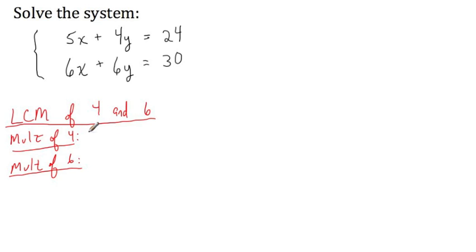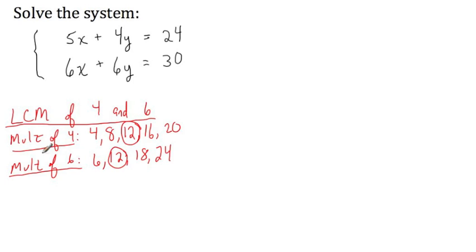So the multiples of 4, you always start with the number itself, and then you multiply it by 2, then you multiply it by 3, etc. So these are multiples of 4. Multiples of 6 include 6 times 1, 6 times 2, 6 times 3, 6 times 4. Sometimes you'll have to go out to several numbers. Sometimes you'll find the least common multiple very quickly. In this case, the least common multiple of 4 and 6 is 12.